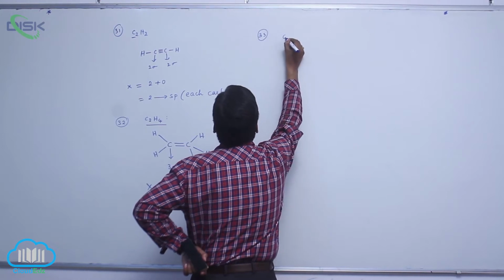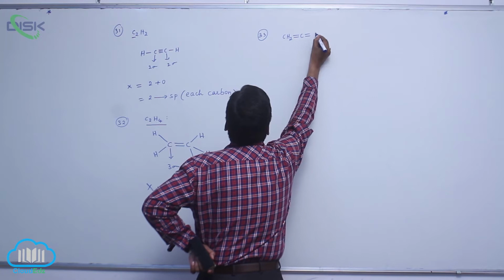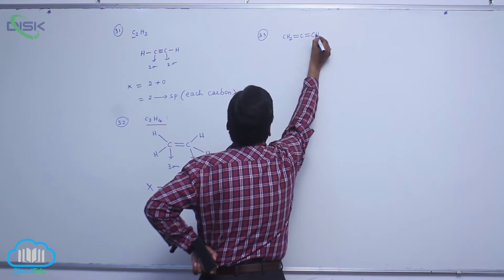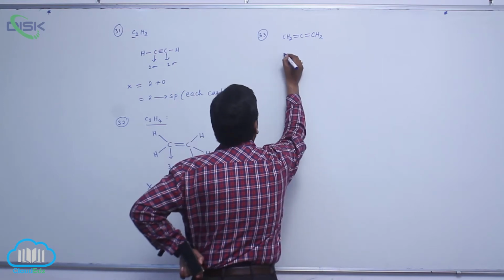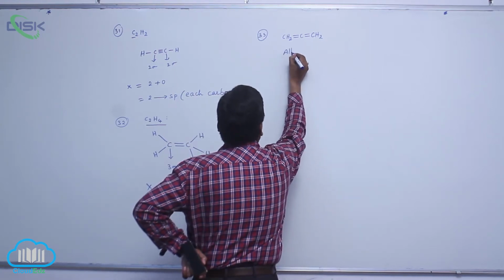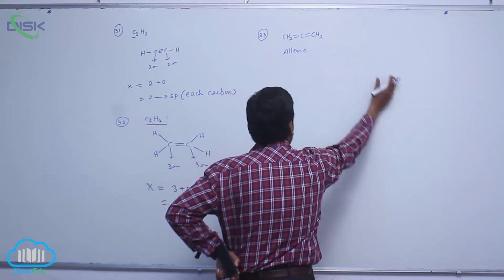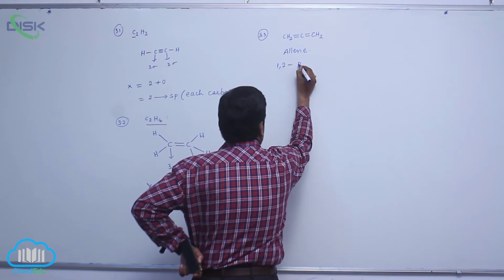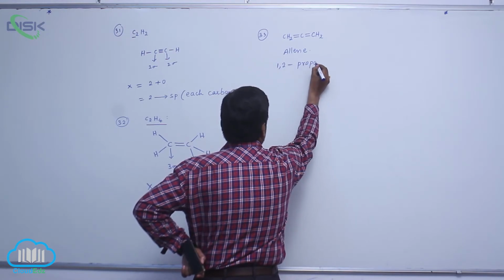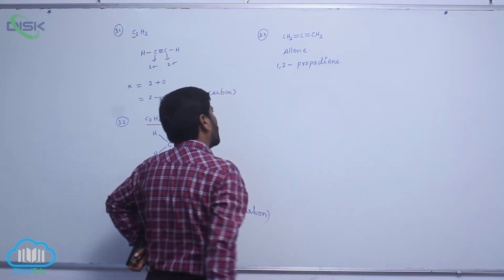33, this is CH2 double bond CH2. The name of this molecule is allene or 1,2 propadiene.